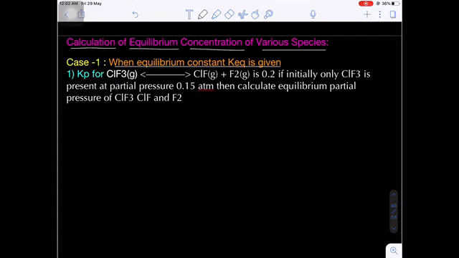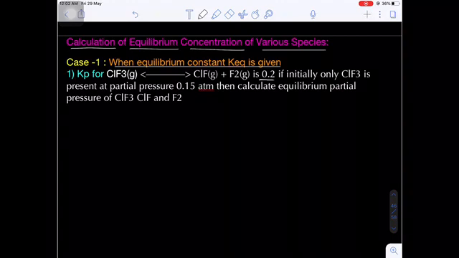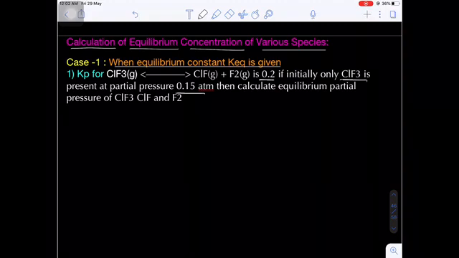Suppose we have one question: Kp for ClF3 gas in equilibrium with ClF plus F2 gas. The Kp given to you is 0.2. Initially only ClF3 is present with a partial pressure of 0.15 atm. Then find the equilibrium partial pressures of all the species.